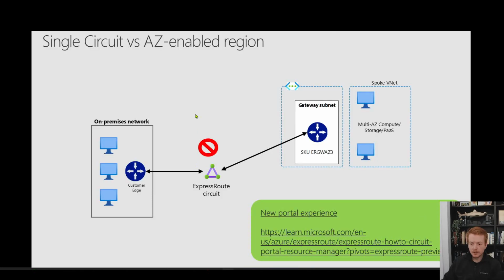This one is kind of similar, but again, I think it's worth calling out because it's a similar theme here, which is on the right-hand side, this customer's chosen to use a single Azure region, but inside of that Azure region, they're using availability zones.